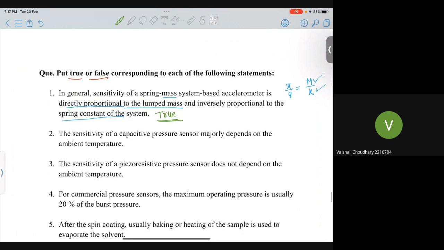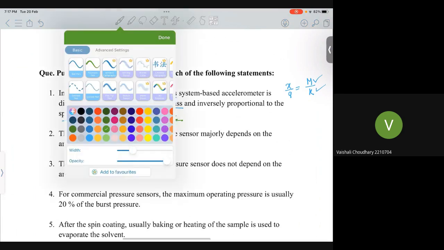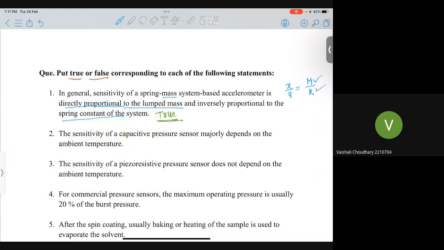Now the second question is: the sensitivity of the capacitive pressure sensor majorly depends on the ambient temperature. We know for capacitive pressure sensors, the normal formula for capacitance is A epsilon by d.